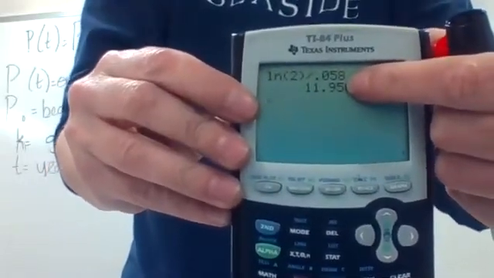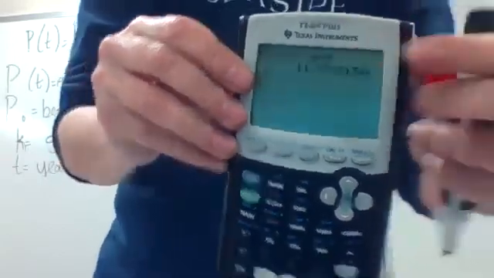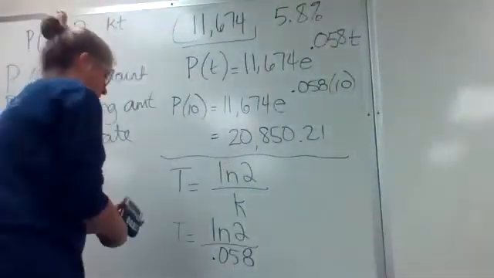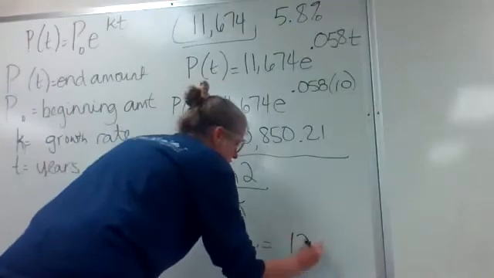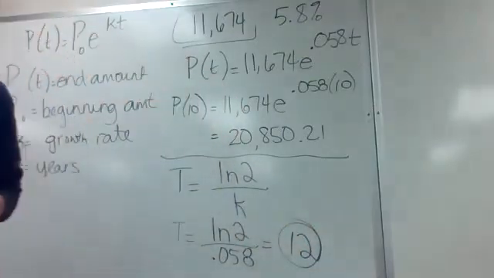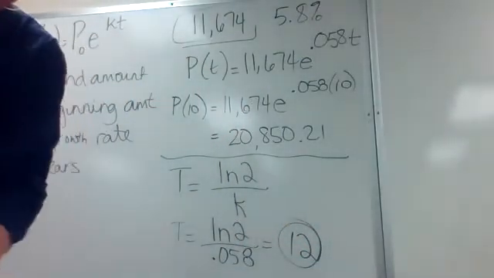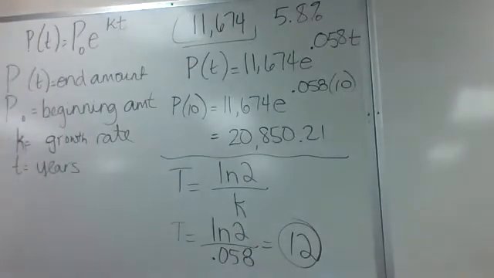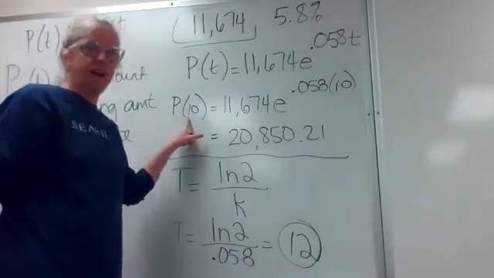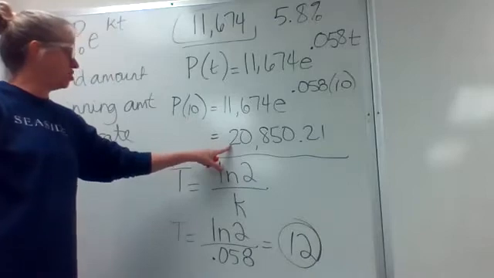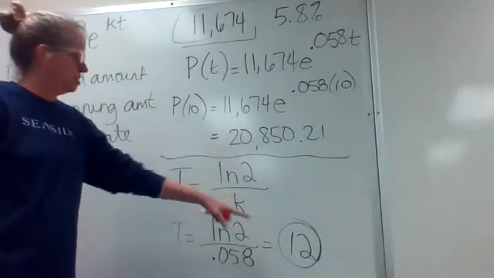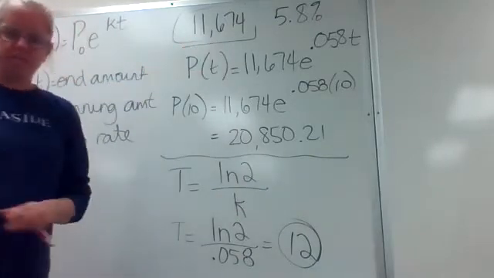So what am I rounding 11.95 up to? 12. So it takes 12 years to double, which is about what we expected, right? 10 years got us to 20,850. So just a little bit longer would double that.